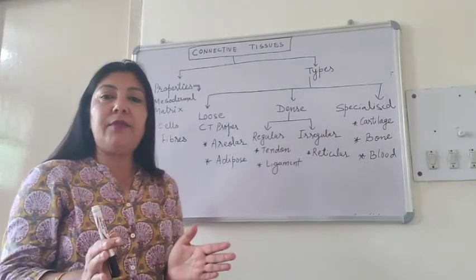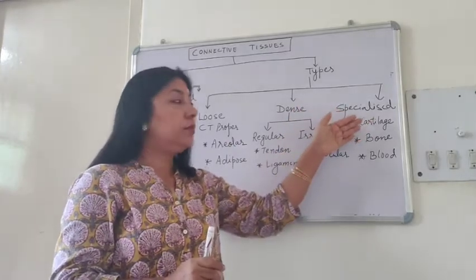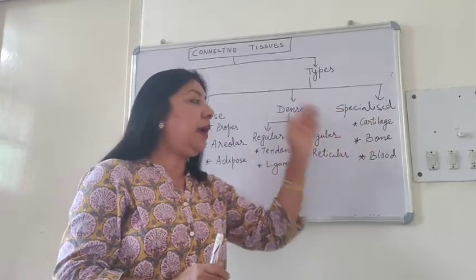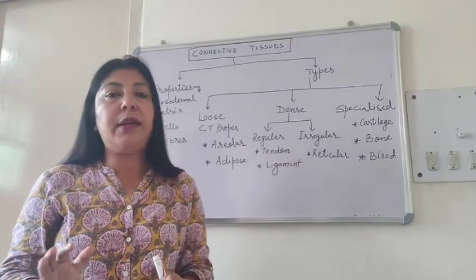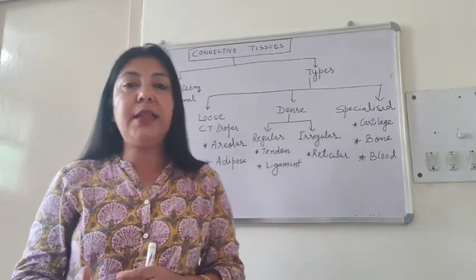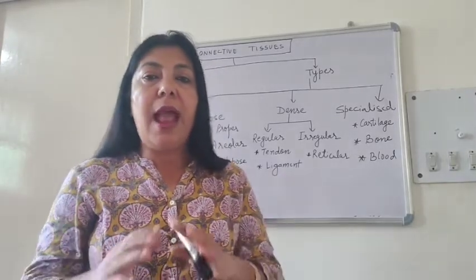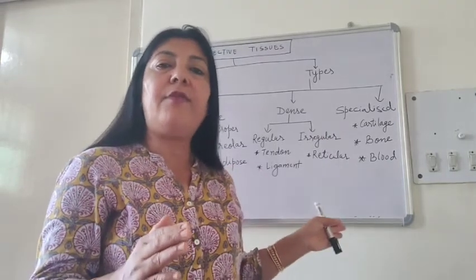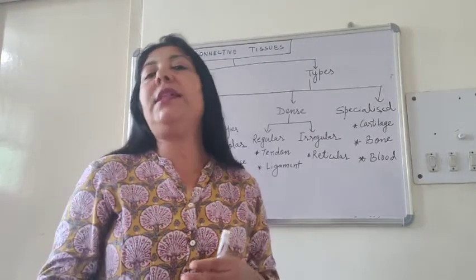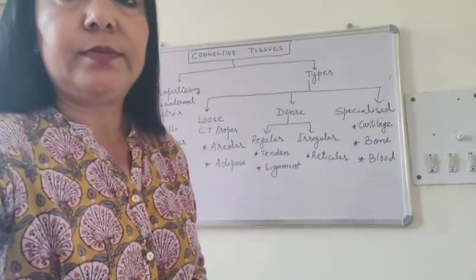These specialized connective tissues are basically of three types: cartilage, bone, and blood. So this is a general outline of the connective tissues. Let us study them one by one, with the help of diagrams and the different types of cells and fibers present in them, and we will study the properties of these connective tissues.